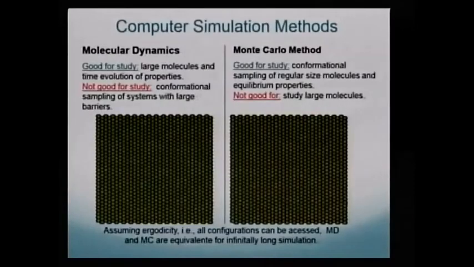So going back to the comparison of molecular dynamics and Monte Carlo, in principle, if both follow and see all the accessible configurations, ergodicity tells us that both are the same, but we have advantages and disadvantages. For example, molecular dynamics is good for large systems. It can show us the time evolution of properties, but it is definitely not good for conformational sampling. Why do I say that?